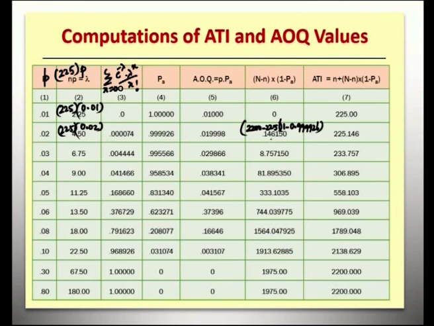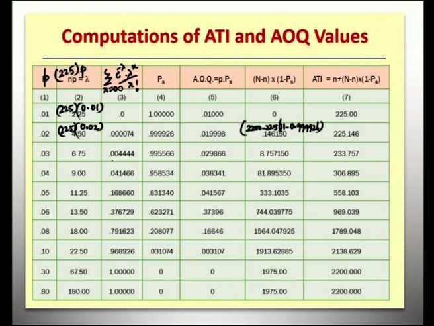Then we add small n, because ATI is n plus this sixth column. So 225 plus 0.146150 is 225.146. Then, corresponding to P equal to 0.03, 225 into 0.03 gives you 6.75.